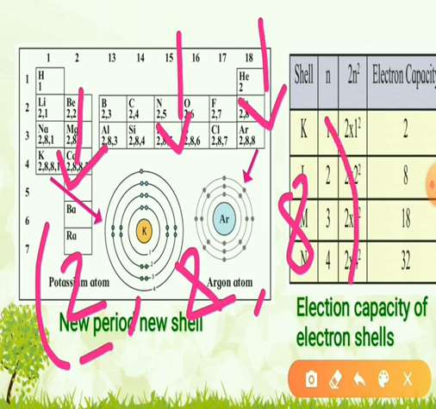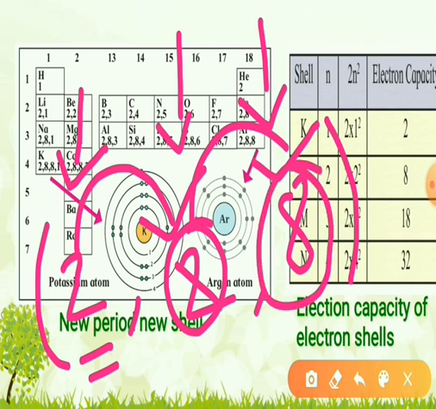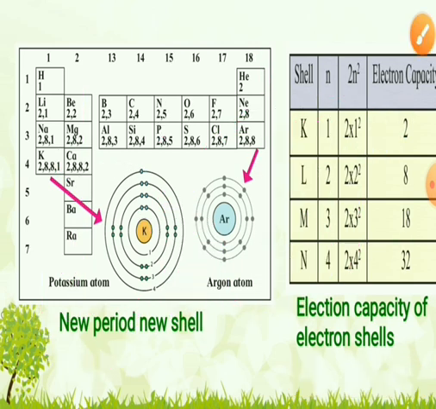If 2 electrons are filled in the first shell, then the third electron will go in the second shell. If 8 electrons are filled here, then the ninth electron will go in the next shell. And if 8 electrons are filled in the third shell, then the ninth electron will go in the next shell and so on.